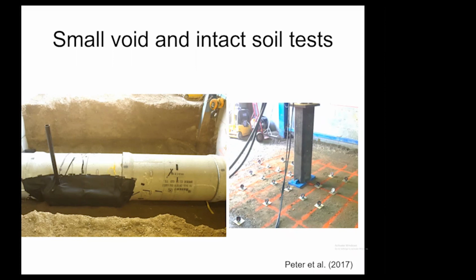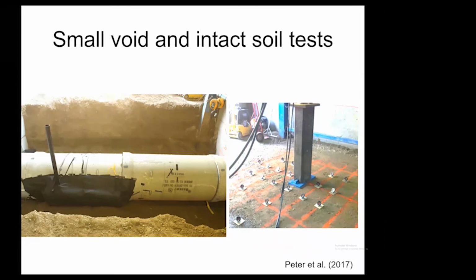It was generated using an air bladder attached to the side of the pipe, much as the location where you might see one in the field. So that's the concrete pipe there on the left with that black geosynthetic covering an air bladder. And the pipe on the right is our control experiment, where we're going to be burying the pipe and it's going to have good soil as if it's a new pipe before erosion.